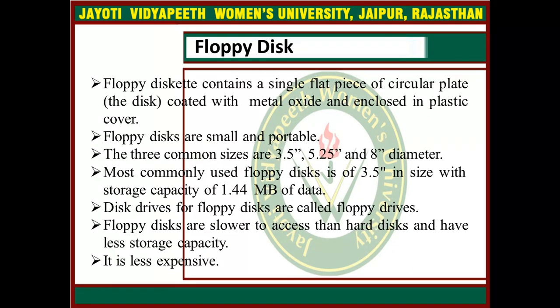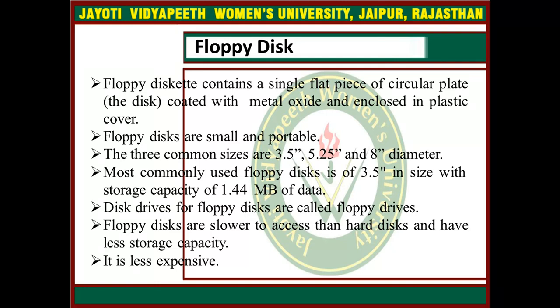Now come to the floppy disk. The floppy diskette contains a single flat piece of circular plate coated with metal oxides and enclosed in plastic covers. This floppy disk is small and portable. The three common sizes are 3.5 inches, 5.25 inches and 8 inches in diameter.